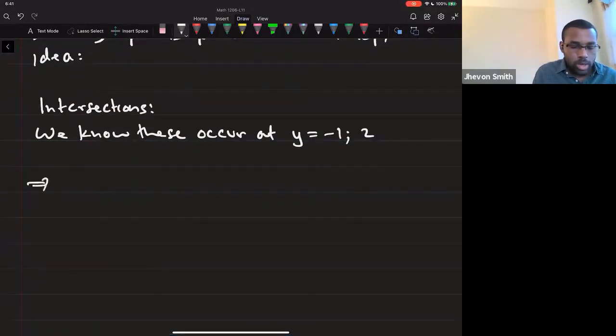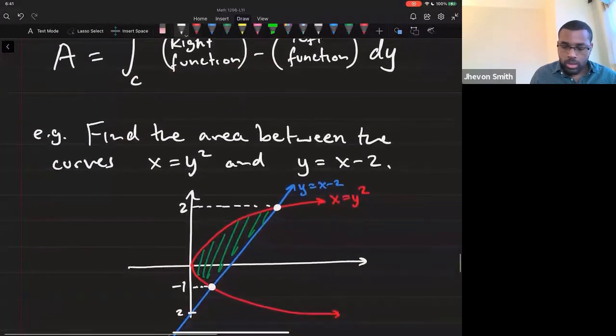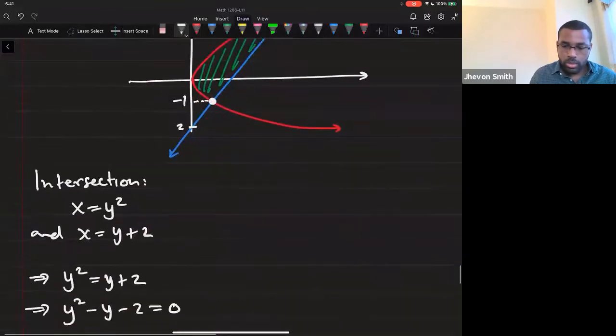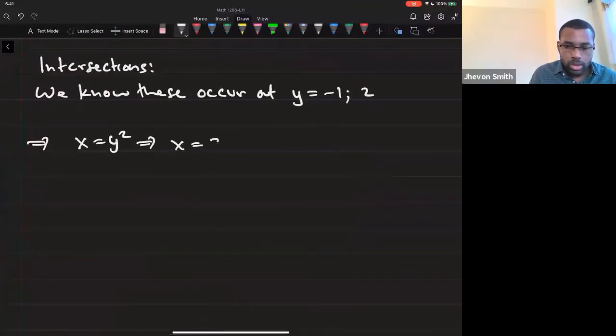So if x equals y squared, and y squared equals 2, this means that your x would be radical 2.